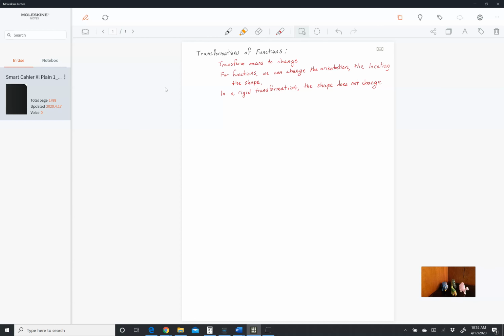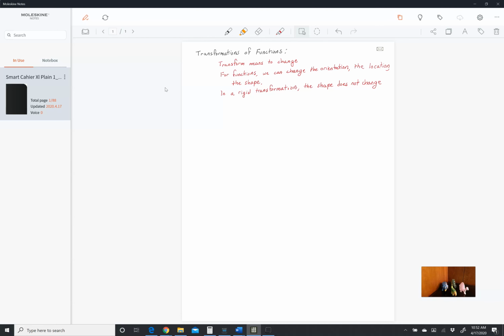To explain this, I want you to imagine holding your calculator, okay? If you held your calculator, you could squeeze it as much as you want, but nothing is going to happen to it. It's very, very solid, but that doesn't mean that you can't rotate it. It doesn't mean that you can't move it around. It's just that you can't change its shape, okay?